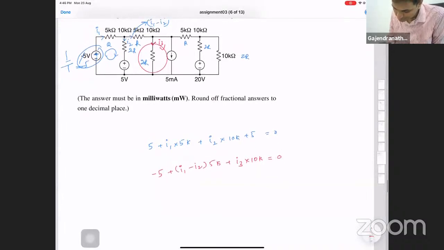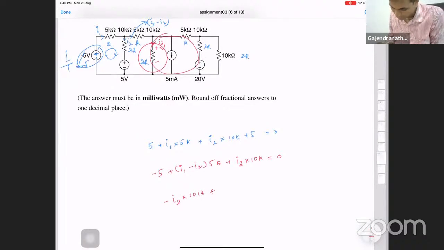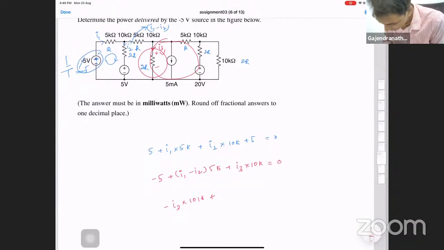Again, the current is going like this, so plus minus. So minus I3 times 10K. I'm writing a loop in this direction. Plus, now the current which is going here is I3. The current coming is I1 minus I2.